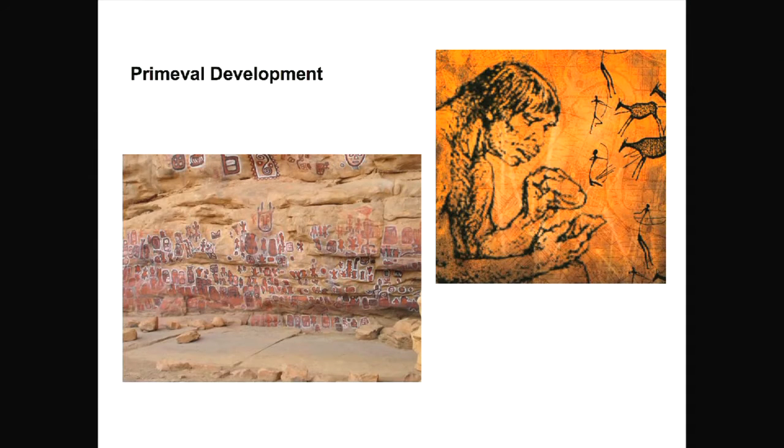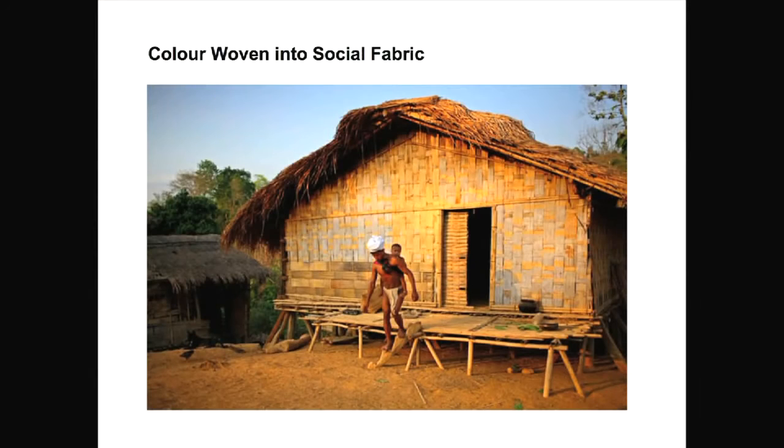Well, let's go back where color began. It began in primeval development. Way, way back, where people lived in caves and assumed certain habits and mode of living, the colors stuck with it. The color, therefore, got woven into the social fabric.